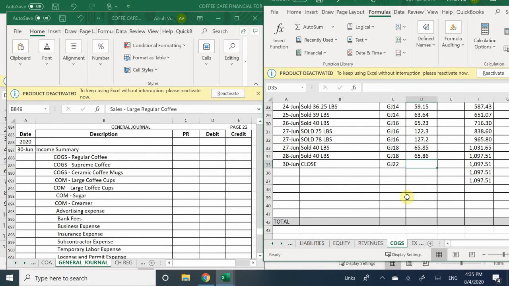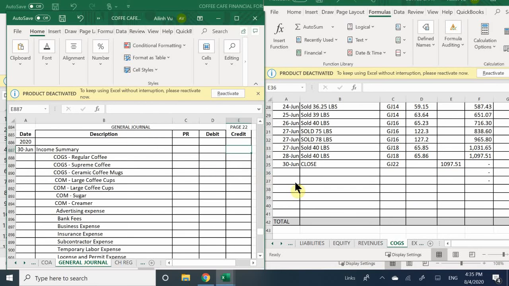And now we see that we need to credit the account for $1,097.51. And there it goes. It's zeroed out now. So here in my credit, let me see the next one. For my regular coffee, it is $1,097.51. Okay. And we're just going to double check to make sure that is correct.